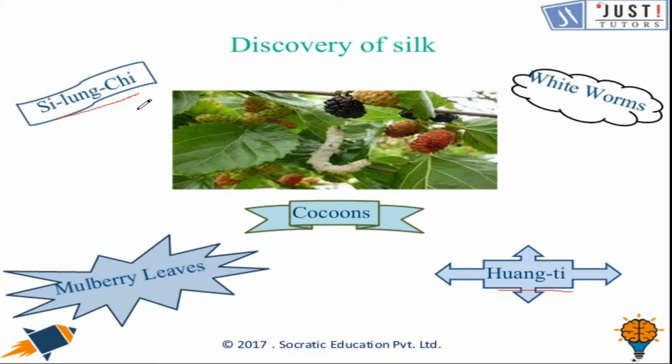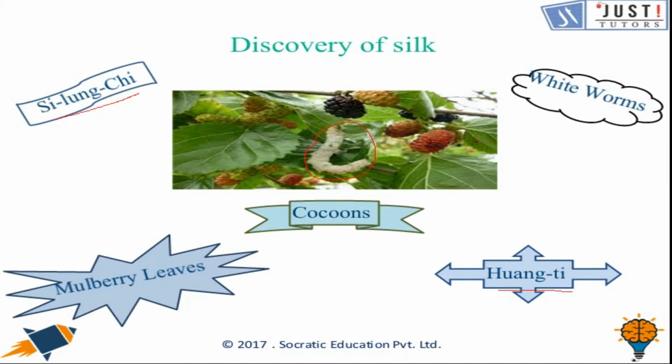One day, the empress watched and noticed that the mulberry leaves in her garden had been eaten up and damaged. The emperor Huangti found that they had been eaten by some white worms. You can see here in this picture some worms, and those worms were silkworms.